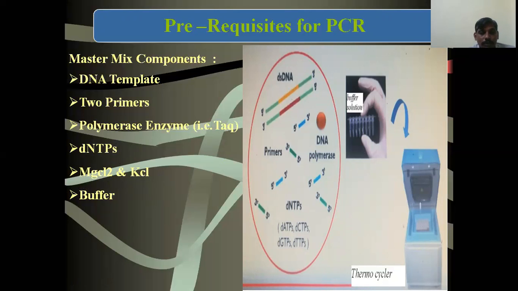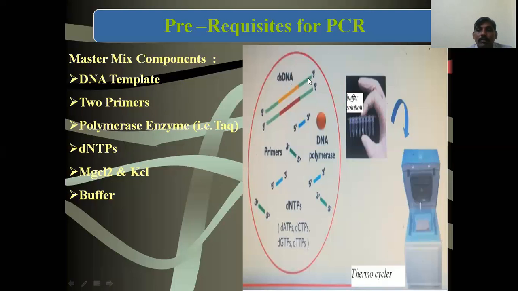And in the buffer, we maintain the pH value. Moreover, this buffer creates a suitable chemical environment for the activation and function of the polymerase enzyme. So it is buffer, MgCl2 and KCl, dNTPs, polymerase enzyme, two primers, and DNA template.